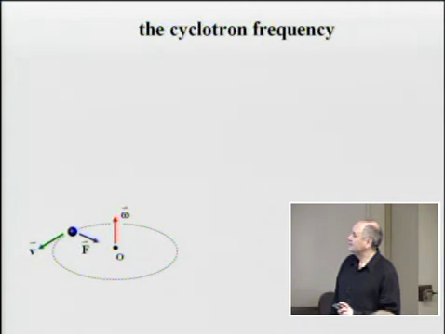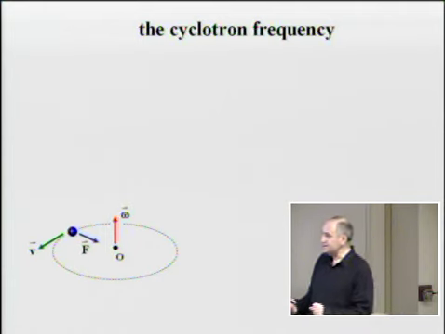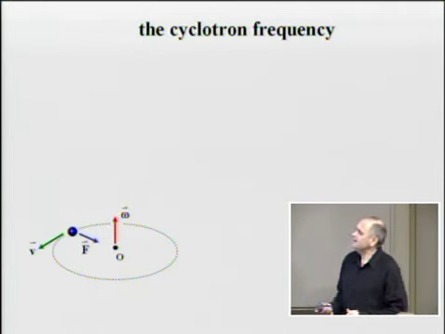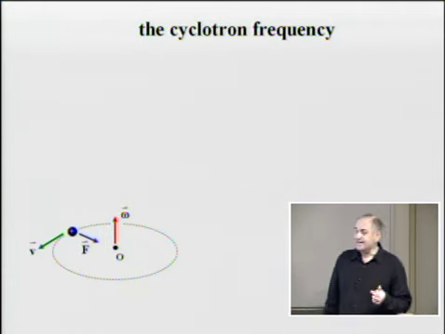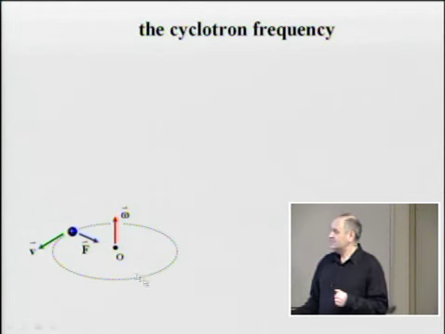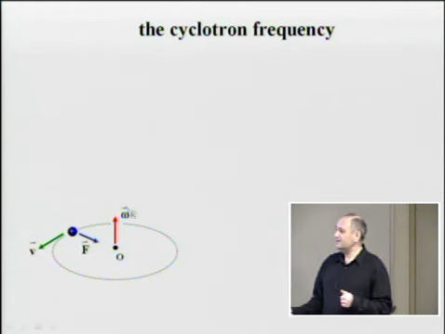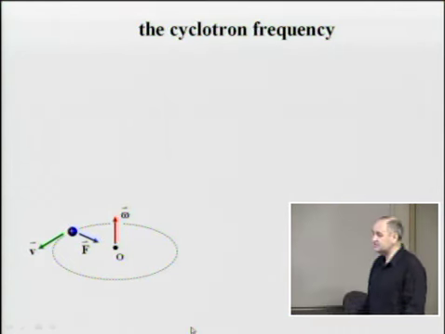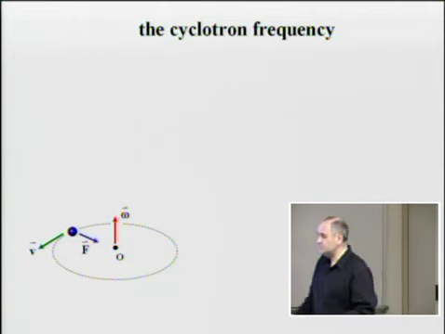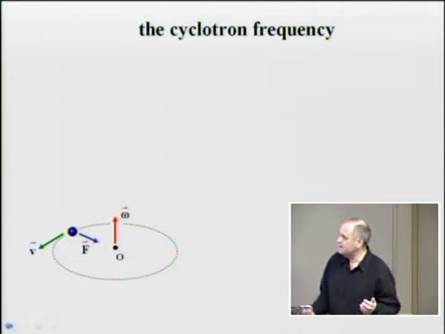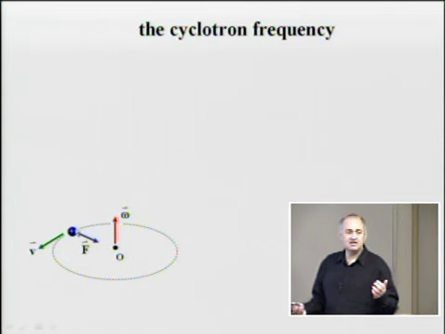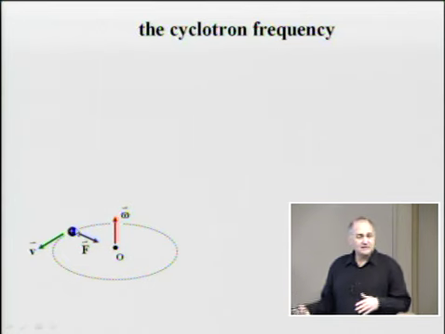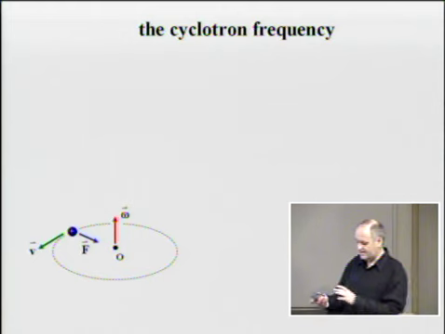All right, now let's relate the angular velocity of the particle moving in the magnetic field to the quantities which describe the situation. In other words, to the velocity of the particle and the magnetic field vector in which it is moving.